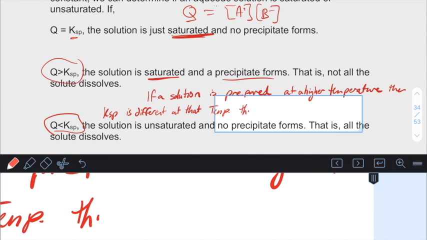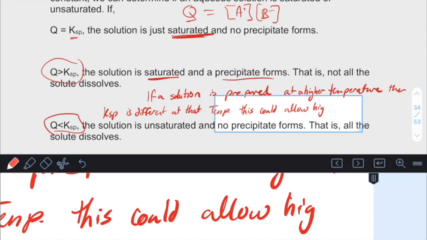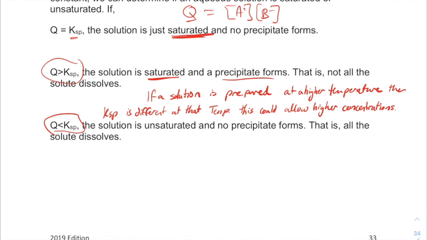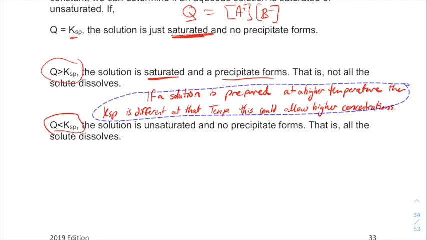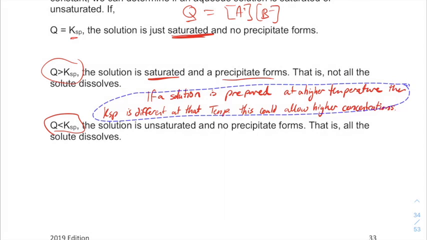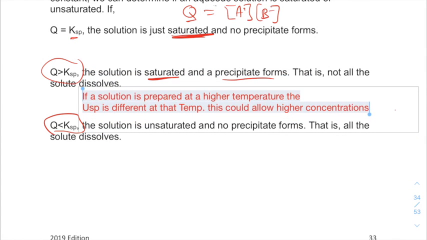This could allow higher concentrations, and a concept called supersaturation can happen. So I'm going to just convert that. I realized that as I was writing it, this is getting kind of messy, so let's see if we can fix this up a little bit.